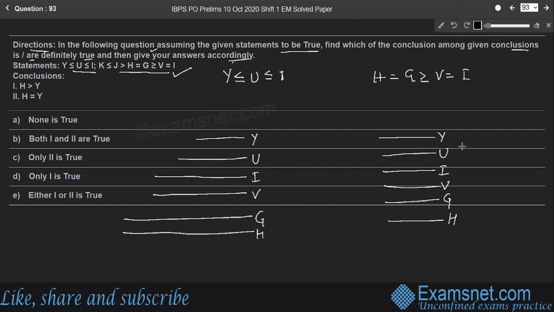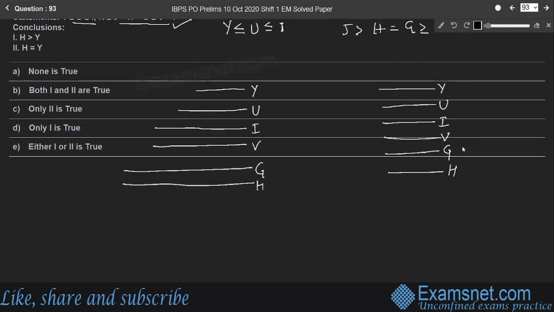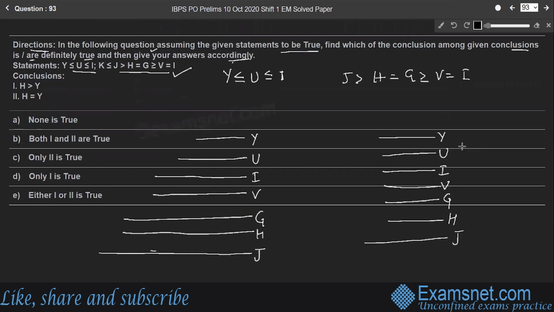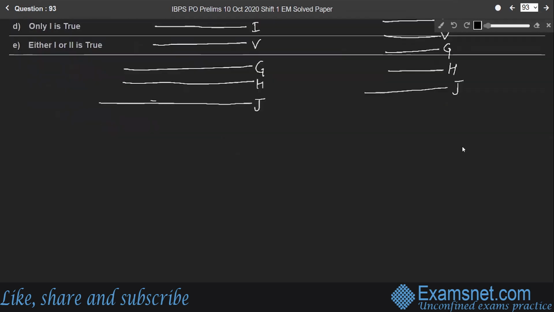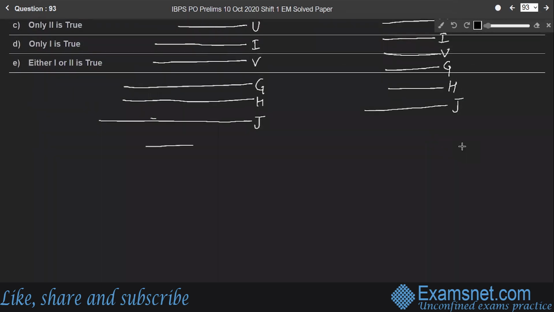And the next part, j is greater than h. So we'll consider a line j. J is greater than h in both the cases, right? So k is less than or equal to j. So k is less than j or equal to j, right?